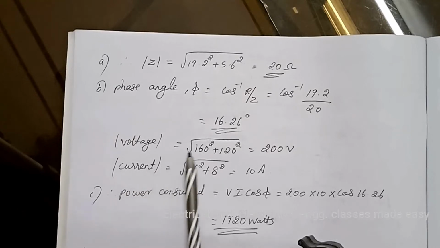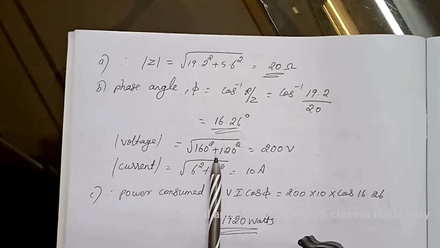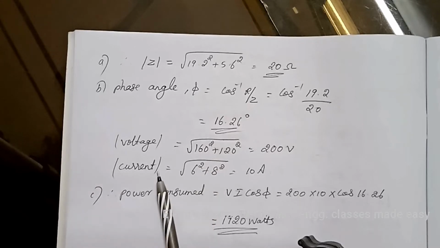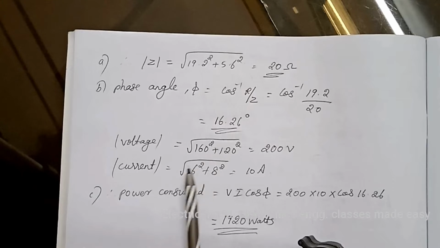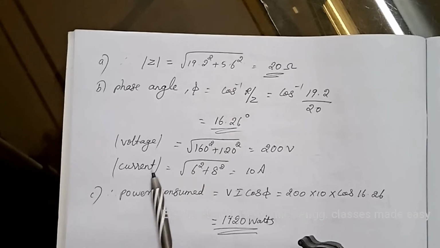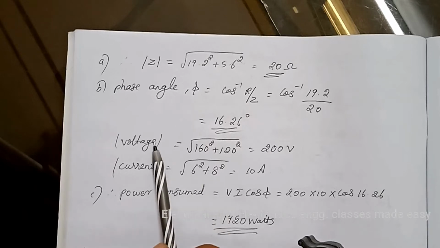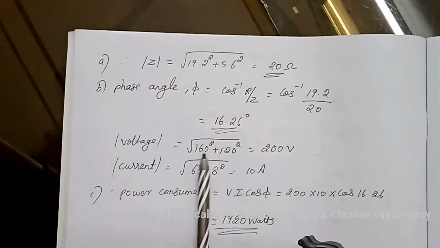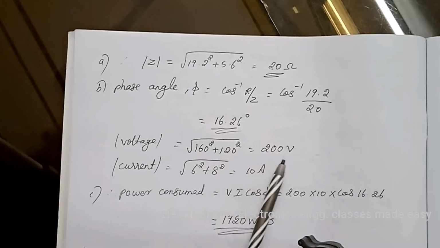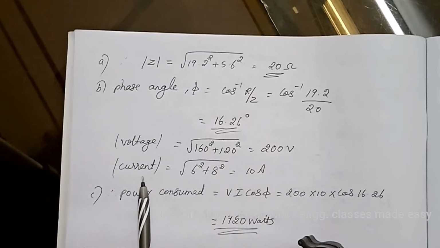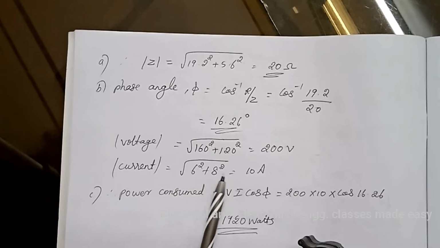And also, because the voltage and current are given in the rectangular form, we have to find the magnitude of voltage and current in order to find the power consumed. So the magnitude of voltage is square root of real part square plus imaginary part square and we get 200 volt, and the magnitude of current is equal to square root of 6 square plus 8 square, which is 10 ampere.